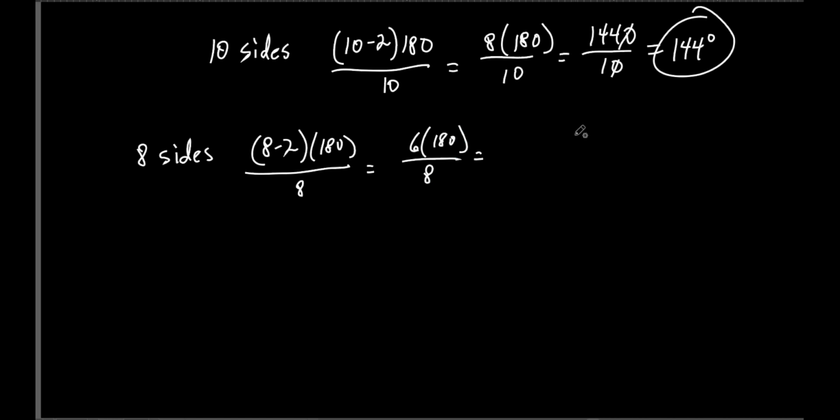Calculator man, what's 180 times 6? 1080? Yeah, I should know these. These are all familiar when I see the numbers, but I forget which one's which. And then divide that by 8, and I think I know what this is. Isn't that 135? Put it in a calculator just so we see. 1080 divided by 8. I think it's 135.